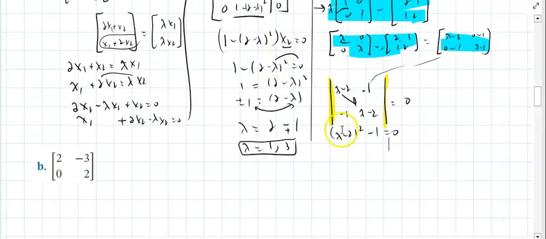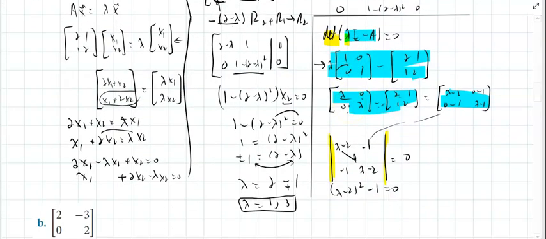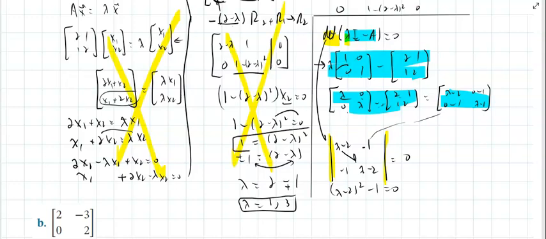And do you see that if I would have jumped from this straight to this, I would have saved myself all of this and got it down basically to this step. I'll move the one over.